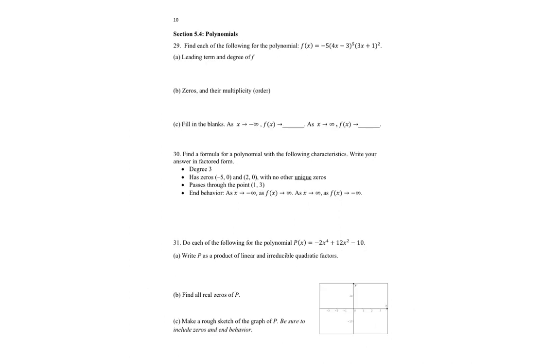So on number 29, we have to find each of the following for the polynomial, this f of x. And so we have to find first the leading term and degree of f. Well, we know that the leading term is just the term with the highest degree. And so if we look at each of these, we have 4x is the biggest term in this parentheses, and 3x is the biggest term in this parentheses.